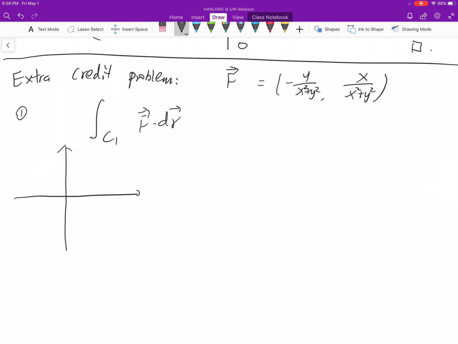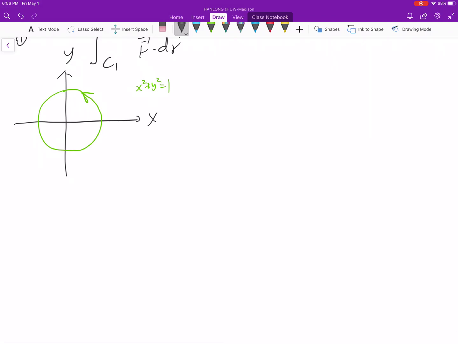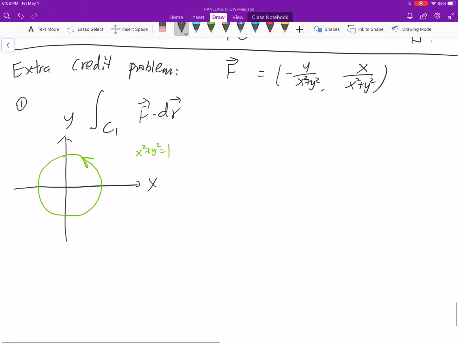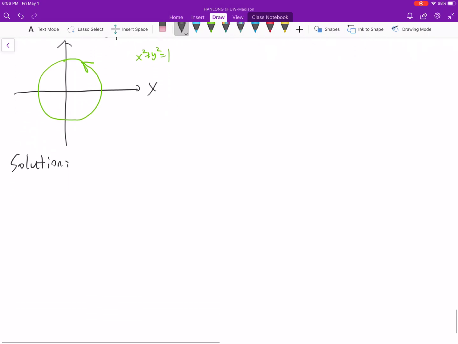C1 is the unit circle oriented counterclockwise. So let's compute this. Actually, we computed that before, but this problem is easy, but we would like to discuss it in detail.